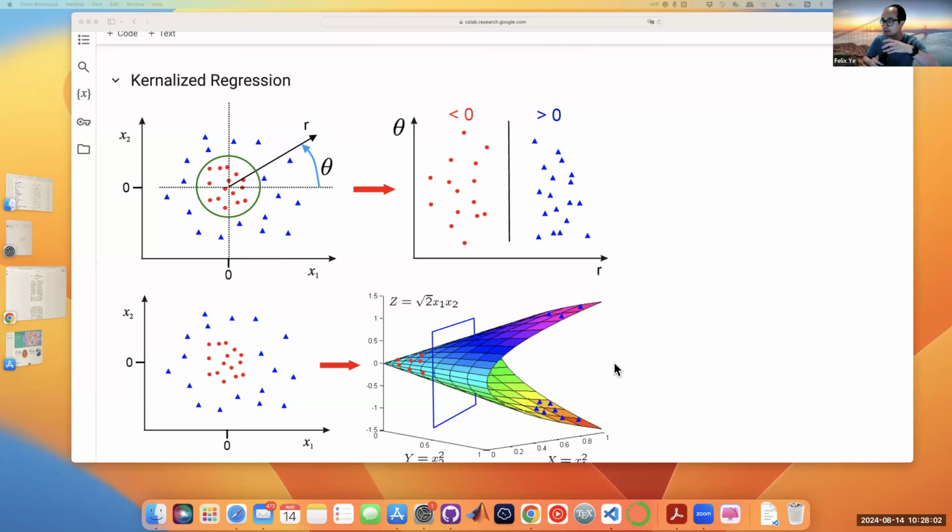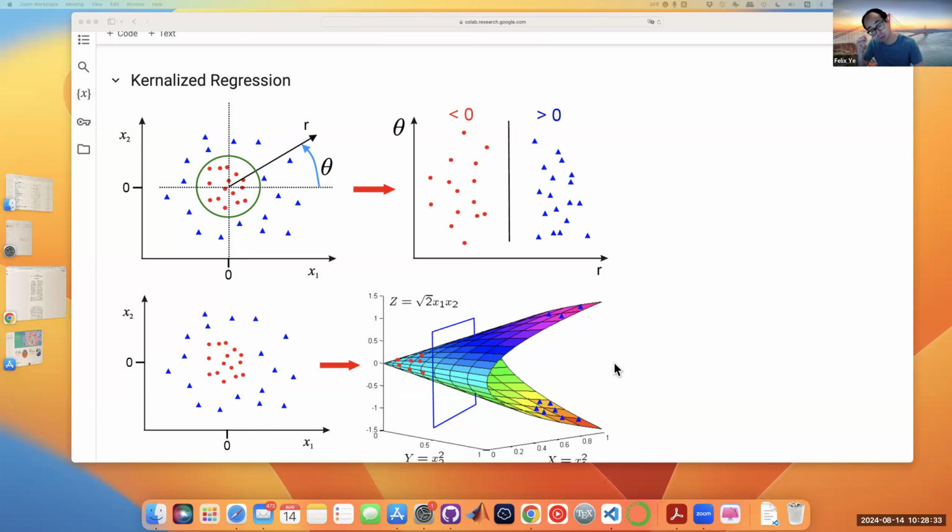But the issue is this might not be the only choice. In a lot of cases, polynomials could be a really bad choice. So we want to study something from a slightly different perspective. I think we kind of ignored that part previously. Previously, we assumed the number of points is always bigger than the number of features, so n is always bigger than d.